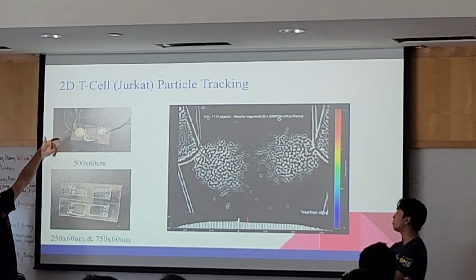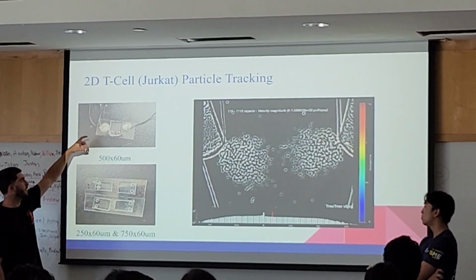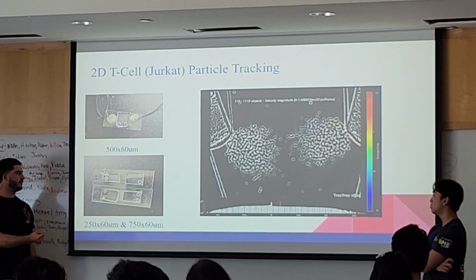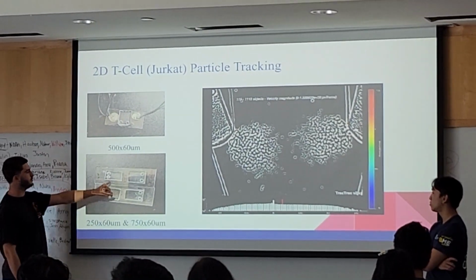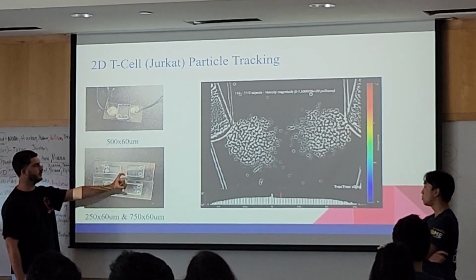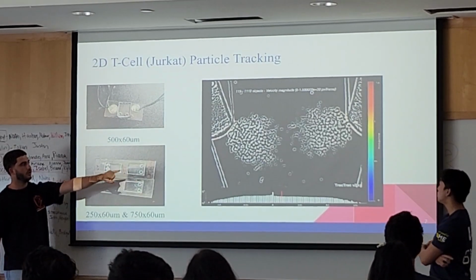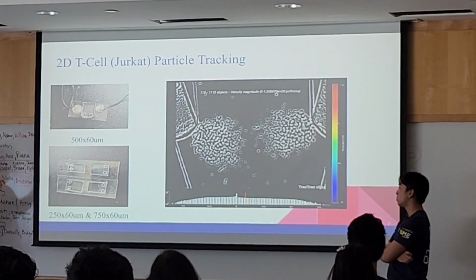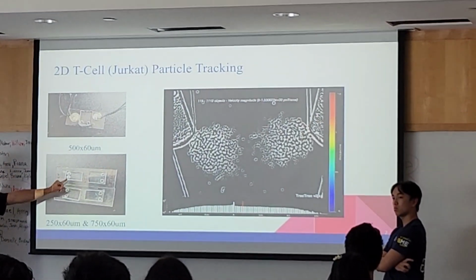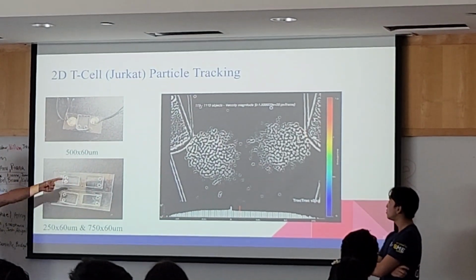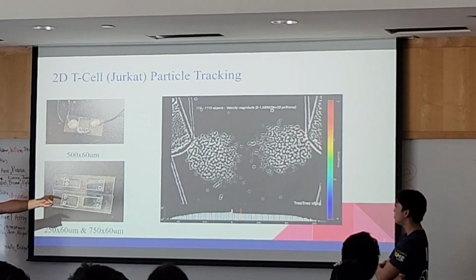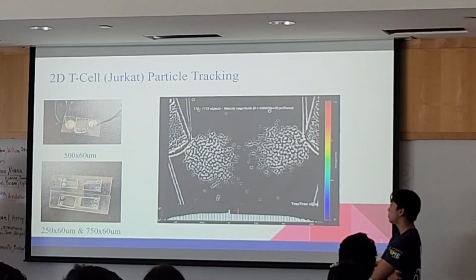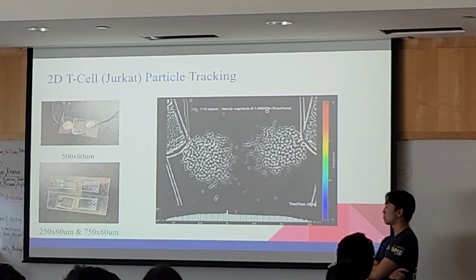This top one was 500 by 60 micron dimensions, and the bottom ones were smaller, narrower, and wider ones. The big photo shows tracking these cells through these pathways. You can't see it now because we don't have it, but the side charting with the colors shows the velocities that these cells were going at.